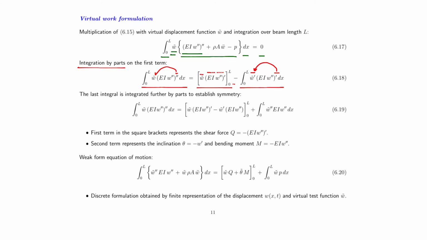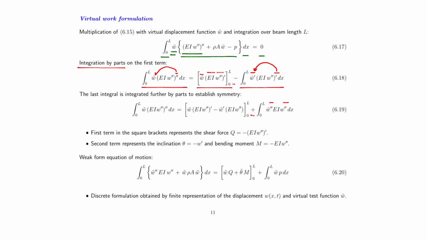And this we do by integration by parts one more time, and thereby we get same derivative on both w functions. We need again to change the sign in front of the integral, and we need to add an extra term to the boundary bracket, and we add the first factor without the differentiation, and we will add the second factor with its integration.